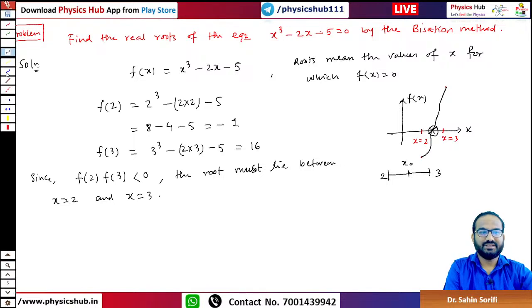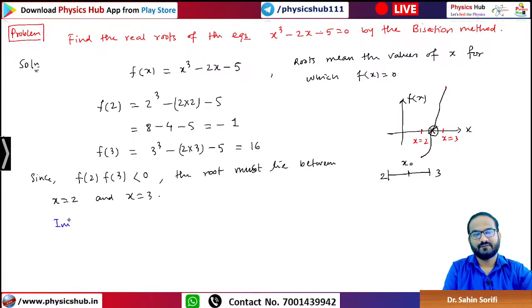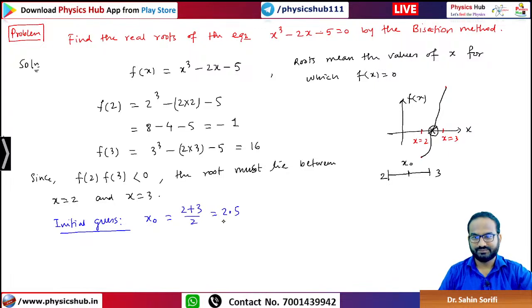So what will be our initial guess? Our initial guess, let's say the midpoint, x naught is equals to 2 plus 3 by 2, so this is 2.5. Now our interval, this is one interval and this is another interval, so this point is 2.5.